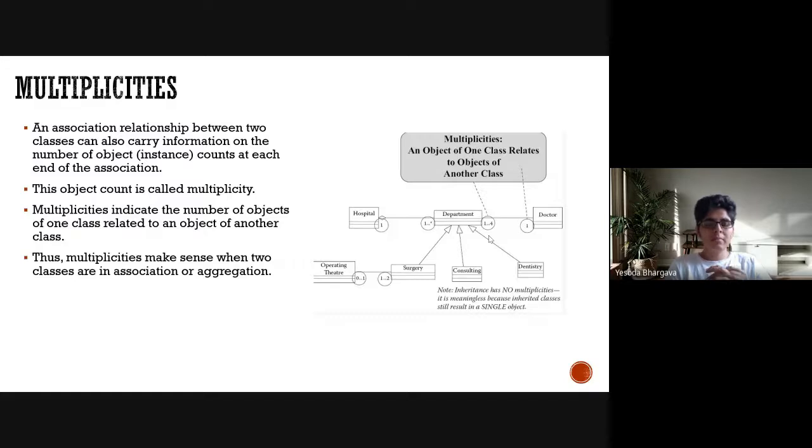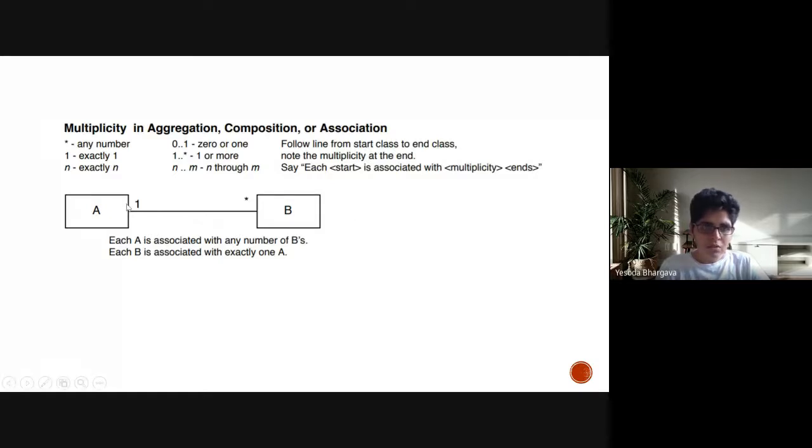Multiplicities make sense when two classes are in association or aggregation, and definitely composition. Before we try to interpret this diagram, there are certain things I want to tell you. If this is class A and this is class B, suppose you put one here and star here.